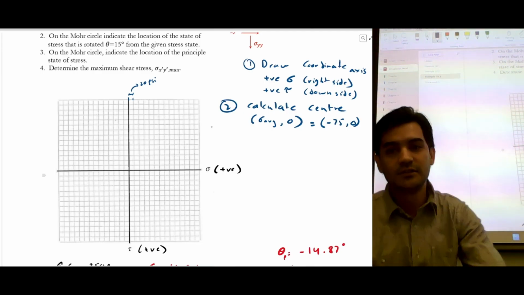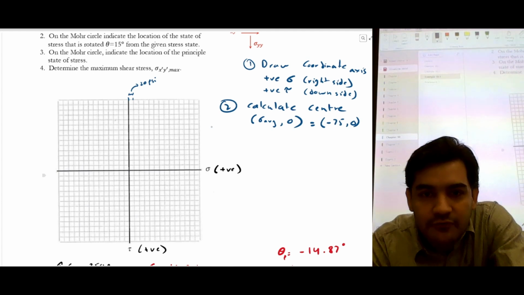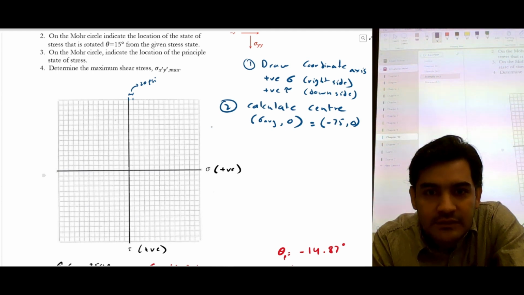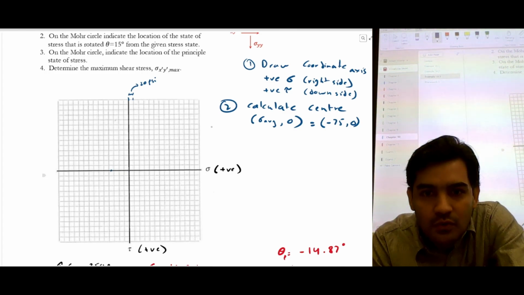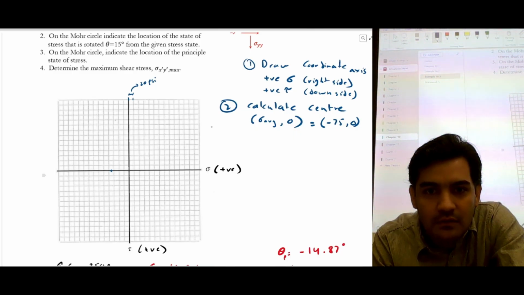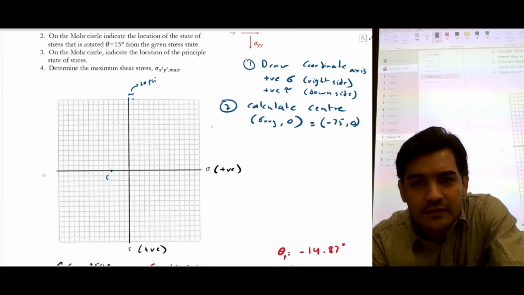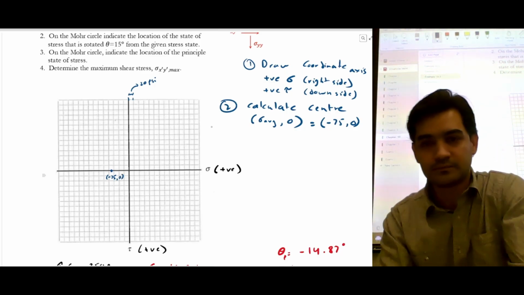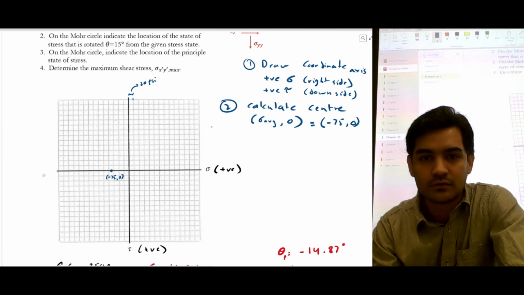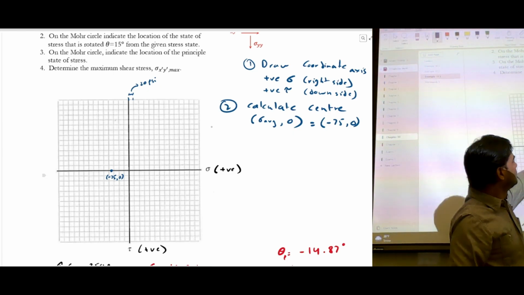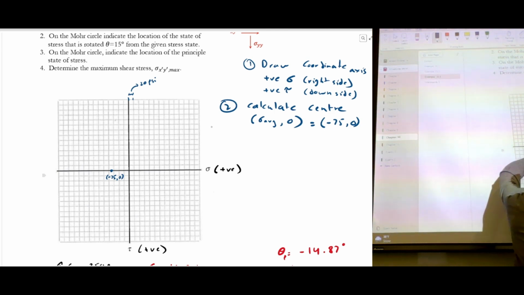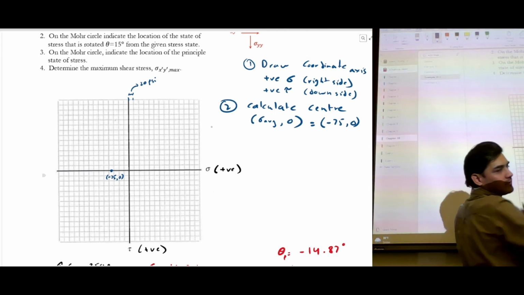So 20, 30, 40, 50, 60, 70, 80, so it's going to be somewhere here. This is our center point, which is negative 75 and 0. So we have the center point now. All we have to calculate is the radius. Once we can calculate the radius, we can draw the circle.